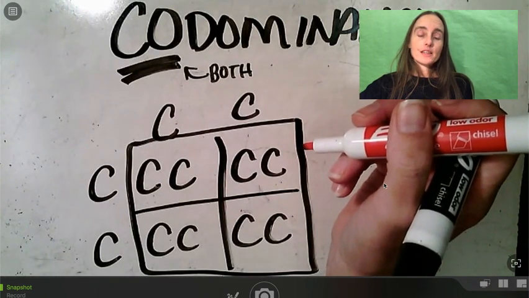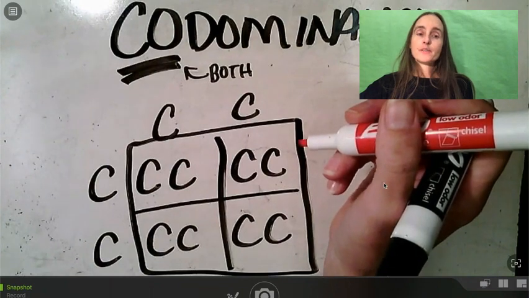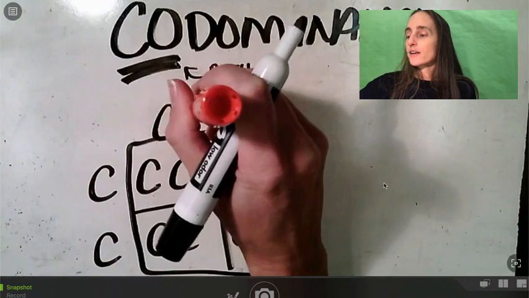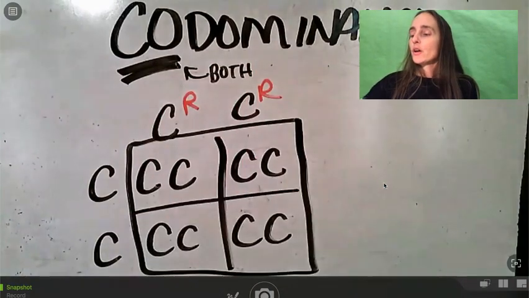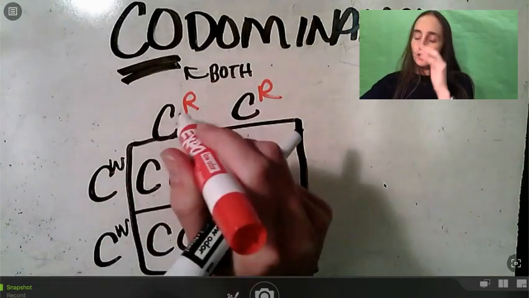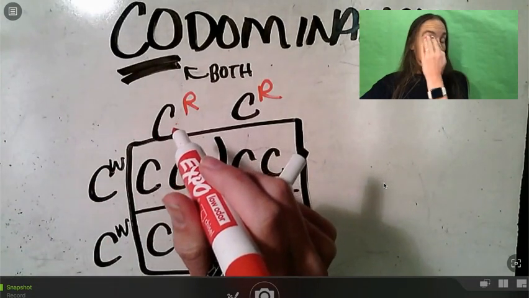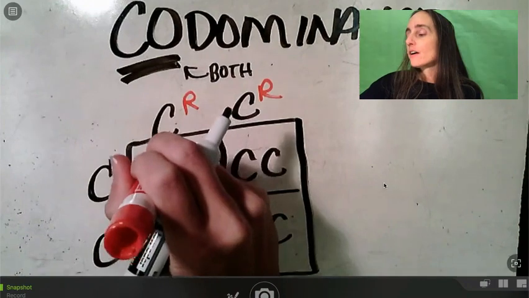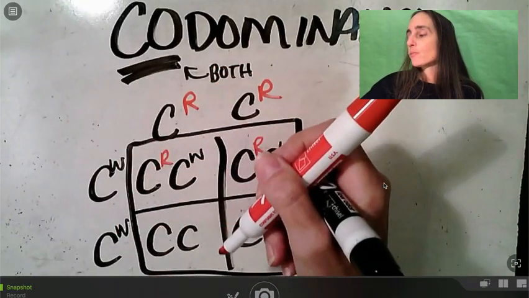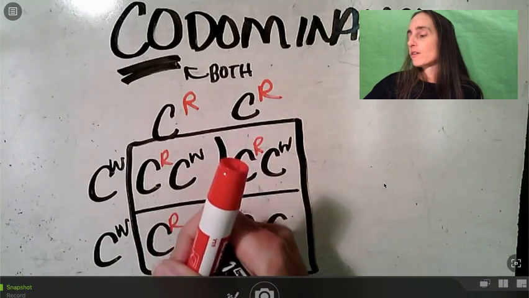So let's say that this is a cow, and you have a cow that has the red color, and then you have the cow that's a white color. You have a red cow and a white cow, okay? And together, they make a roan cow. And a roan cow is one that has both red hairs and white hairs.